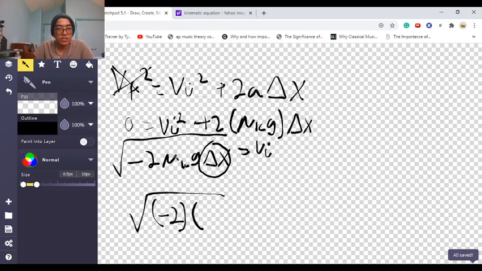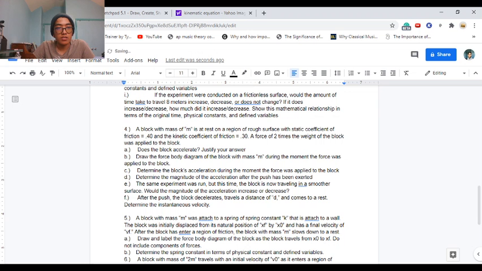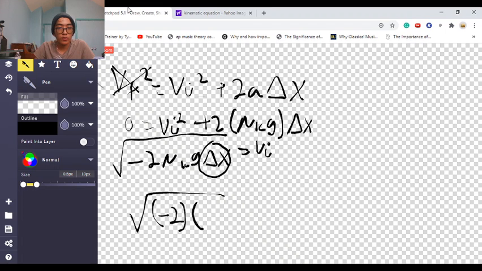But let's see. The mu, in this case, is going to be mu subscript k, the kinetic coefficient of friction, which is 0.3. So 0.3 multiplied by negative 9.8. See that? And then multiply that also by distance d, right?